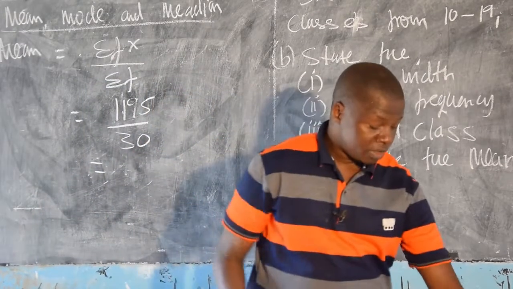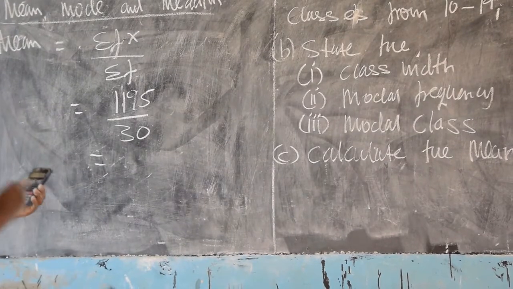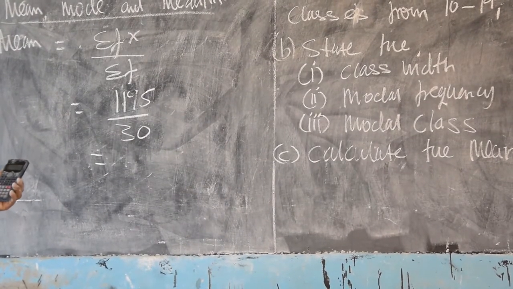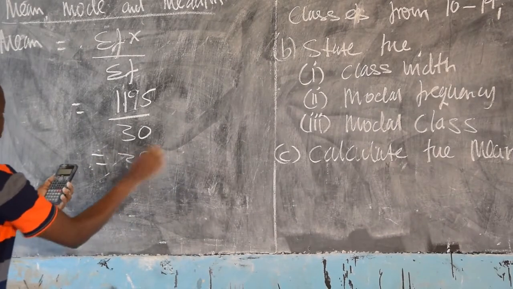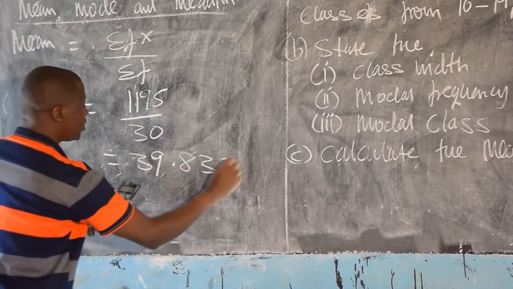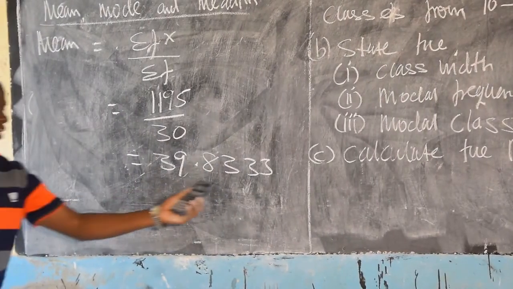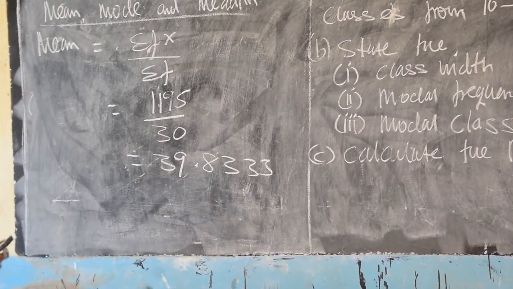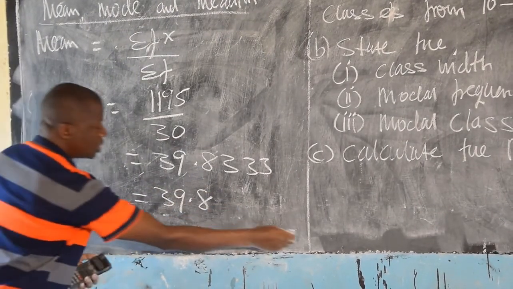Let us divide 1195 by 30. This gives 39.8 recurring. We may underline this, or we say that it is 39.8.